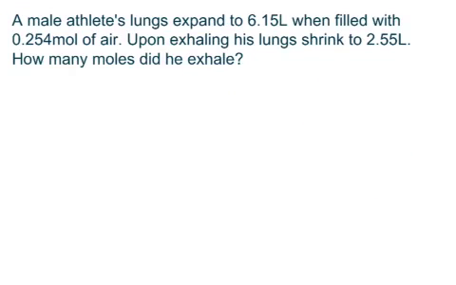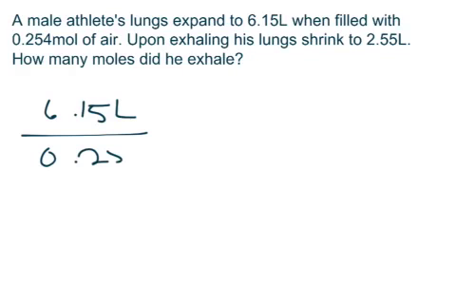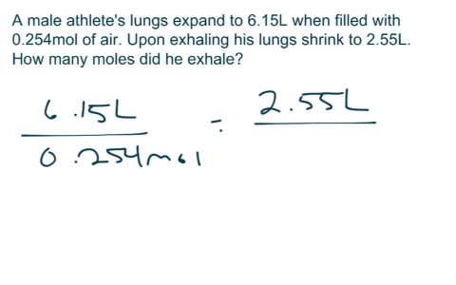If we look at one of the example questions from the book, we have male athletes' lungs, they're 6.15 liters when they're filled with 2.54 moles. And it says that they shrink to 2.55 liters. How many moles did he exhale? Well, in order to figure out how much he lost, we have to figure out what the new number of moles is.